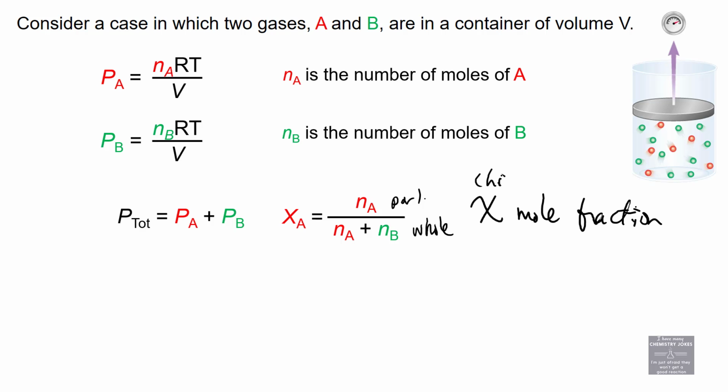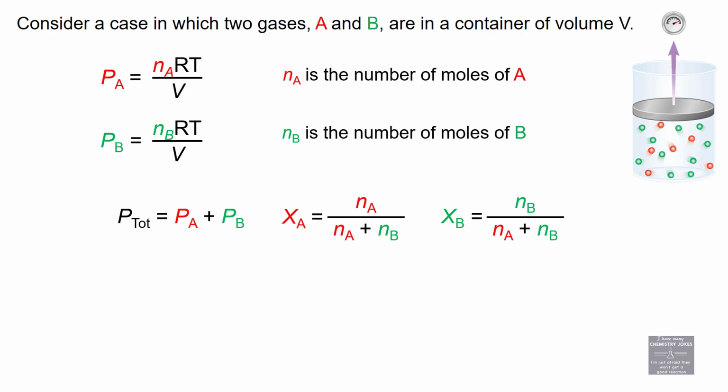And mole fraction should always be a number less than 1. So how many moles of A divided by total moles of gas, period. And the mole fraction of B will be how many moles of B over the moles total.